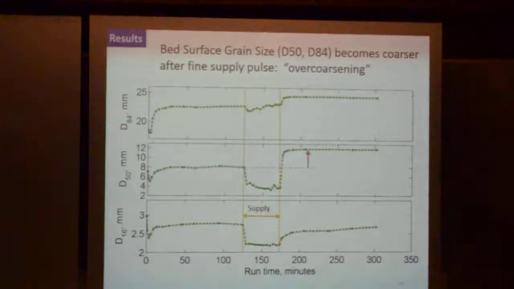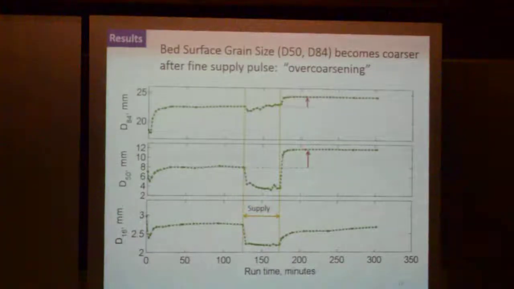And one thing to note is that after the pulse of sediment, the D50 of the bed adjusted to become coarser than it was initially. And so you add a pulse of finer sediment, and the bed then readjusted to become coarser than it was before in terms of D50.